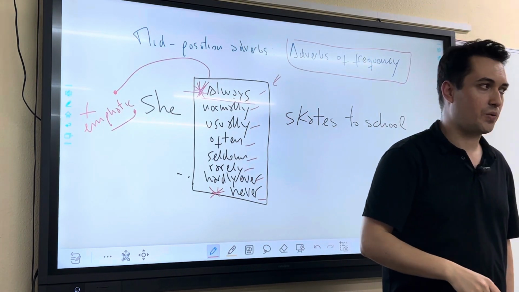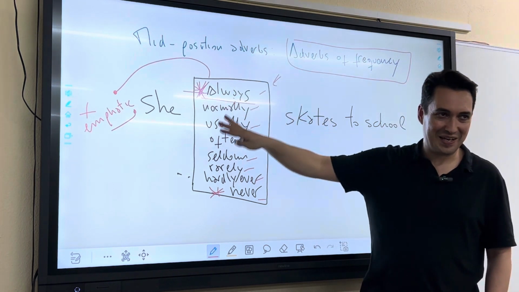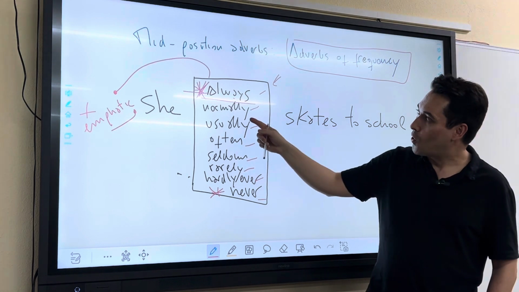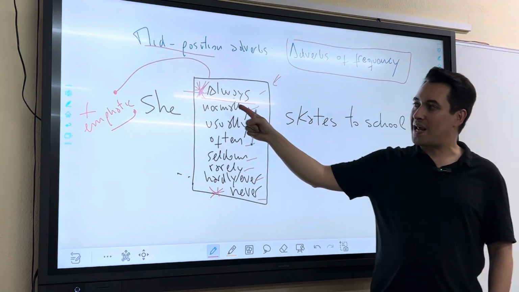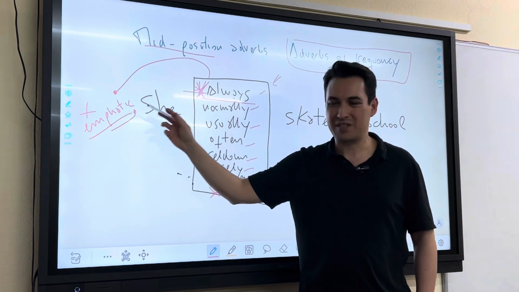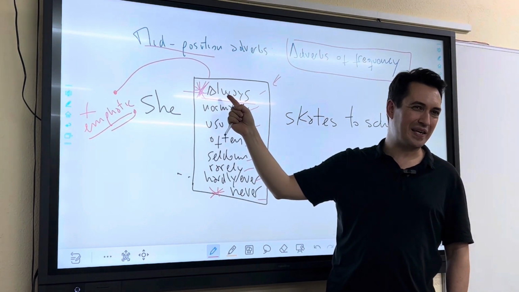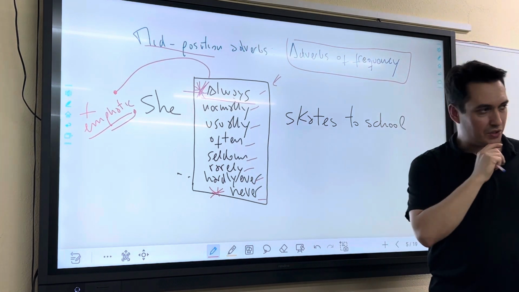I know Carlos has a question, okay? Maybe Danny. So, the most natural position is mid position. Can you place them at the beginning? Yes, you can, for emphasis, but don't put "always" at the beginning. That's very much forced. Question, Danny.